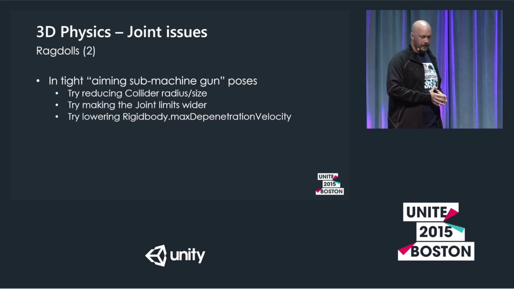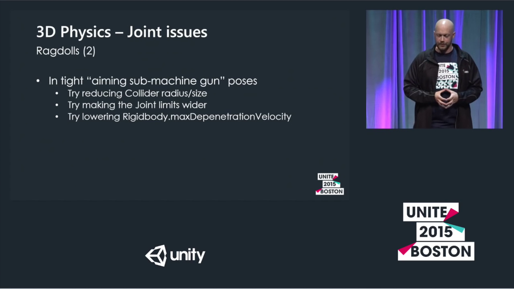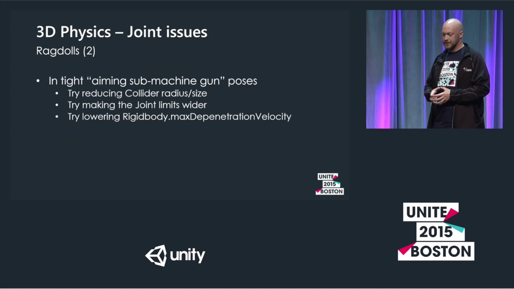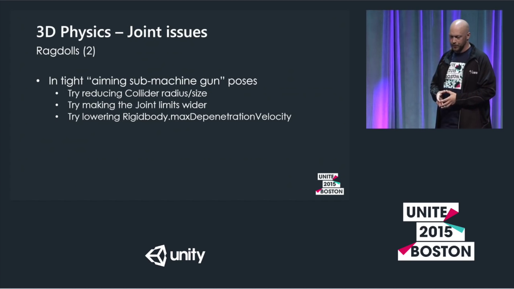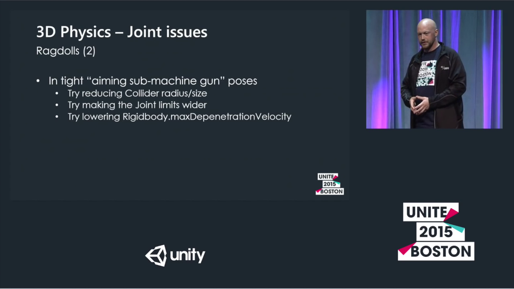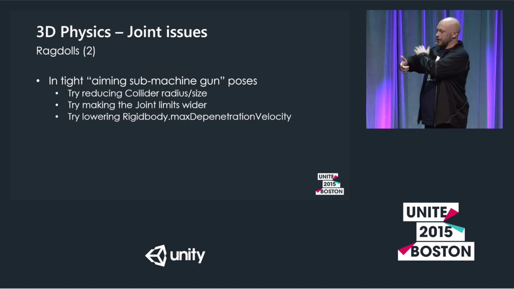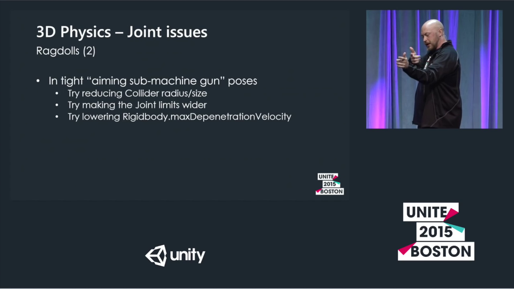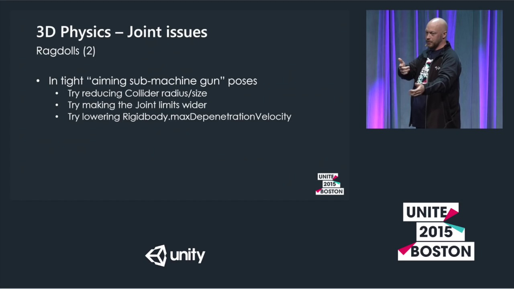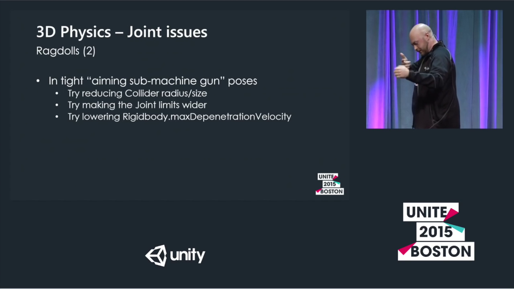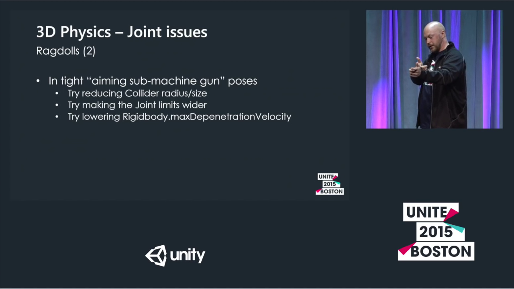Another funny thing with the ragdolls and the constraints that we are using is if you have people in very stylized, tight positions, and I would like to have a picture of it, but it's like someone typically holding a machine gun like this. They have their upper arm tied into their chest. They have the other arm following the chest and the arm closely here. And maybe you have a giant machine gun or a bazooka or some crazy banana gun in your game. And at the same time, it's all facing the chest and whatnot.